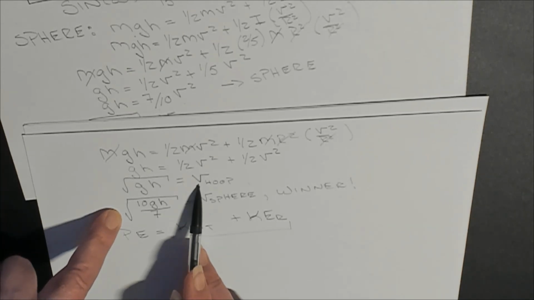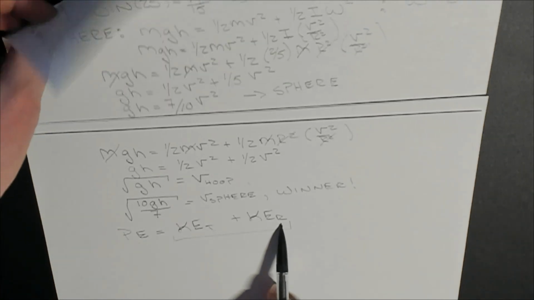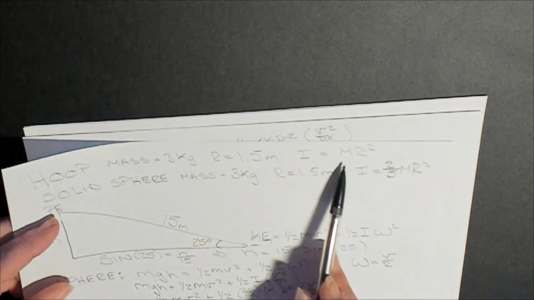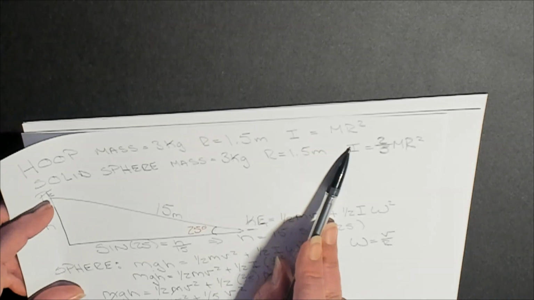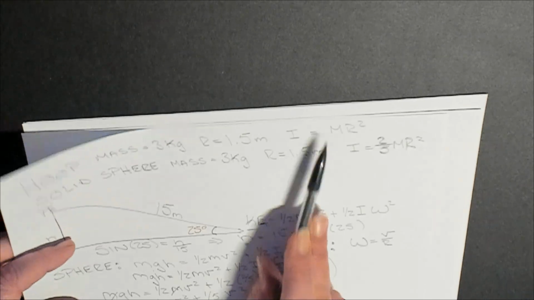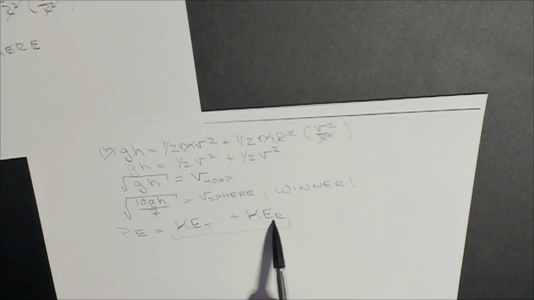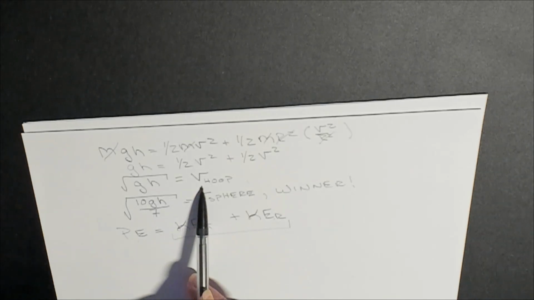Which kind of makes sense, because it takes more energy to rotate the hoop. That's what these moments of inertia mean, right? How hard is it to get something to go? So this is a larger moment of inertia. So more of its energy is going to go into getting it to rotate. So it is going slower.